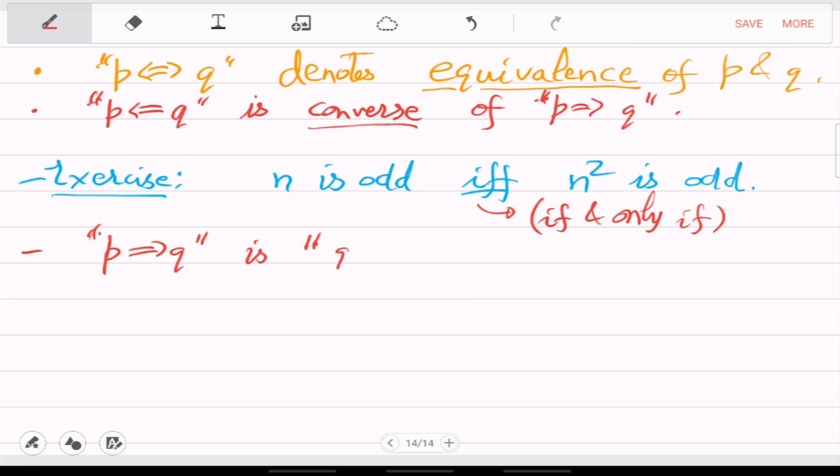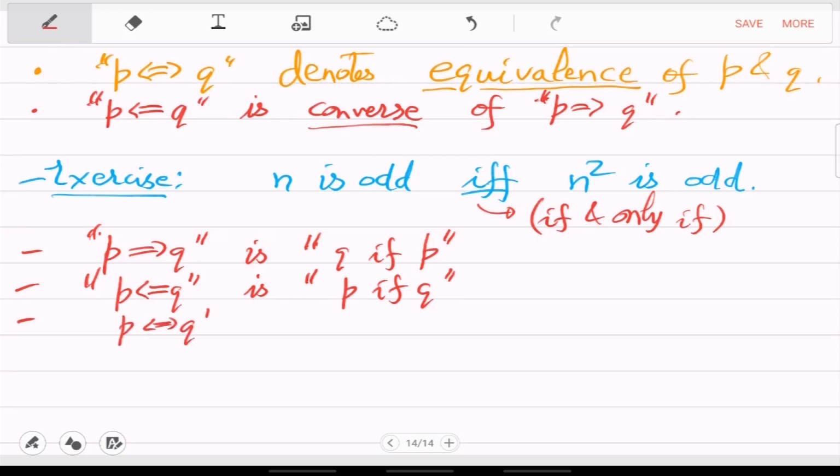Yeah, so it's Q if P. And the converse is then P if Q. And just to complete the picture, if there is a bidirectional implication, then we say if and only if, which we shorten to double F. Okay, so these will be our shorthands.